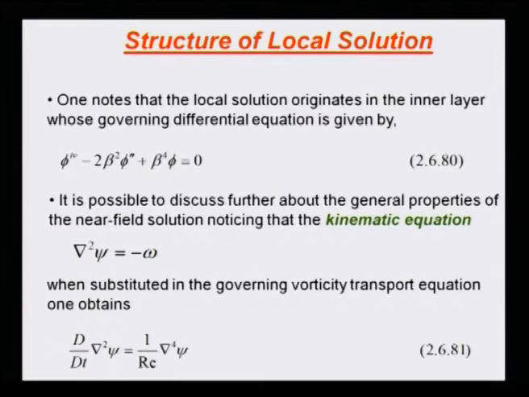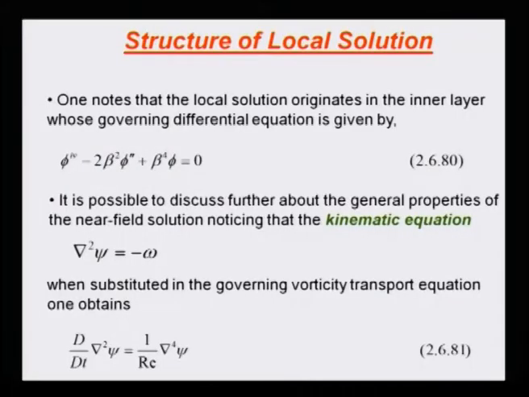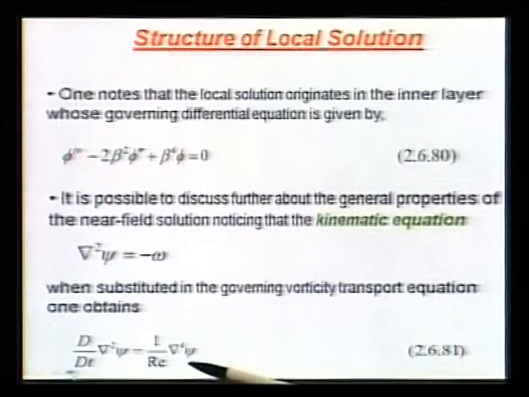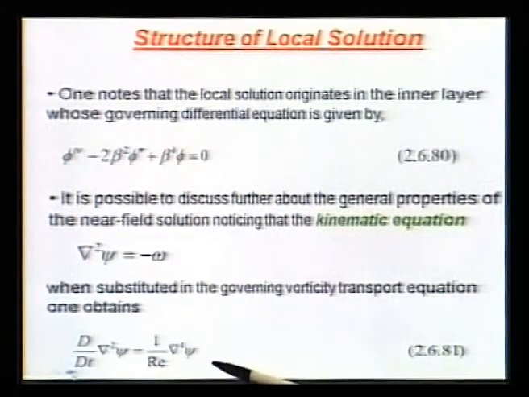Right? So what is this equation? Here we have a Laplacian on the left hand side, and here we have a biharmonic. Now, if I multiply it by Re, then I get this.